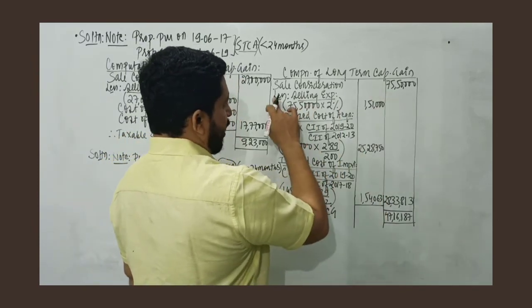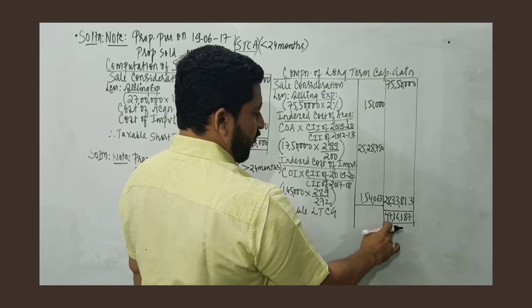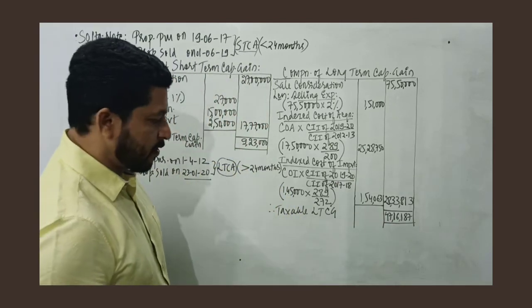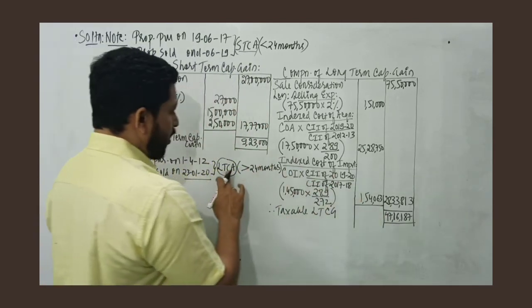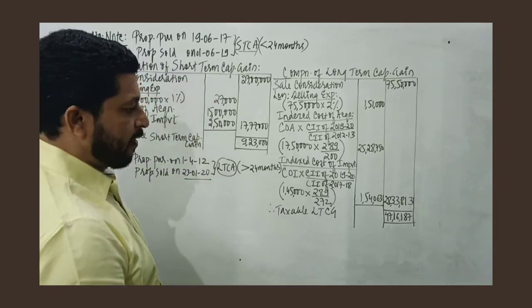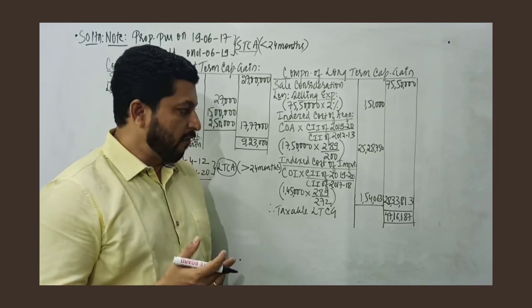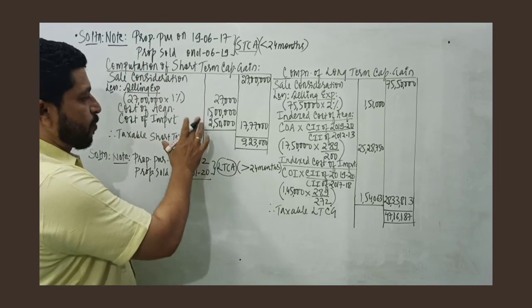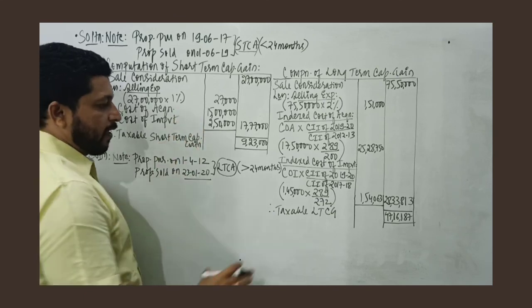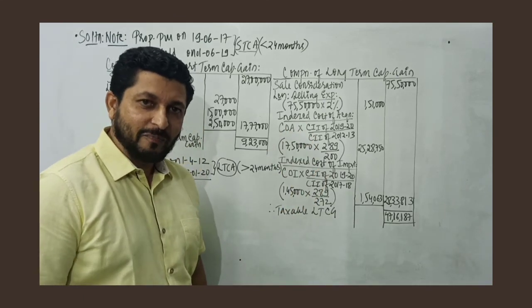We deduct this value from sale consideration and arrive at 47,16,187. Since this is a long-term capital asset, the gain would be taxable long-term capital gain. So this is about session 34. I hope both the problems, the problem on calculation of short-term capital gain and the problem on long-term capital gain, are clear. Thank you.